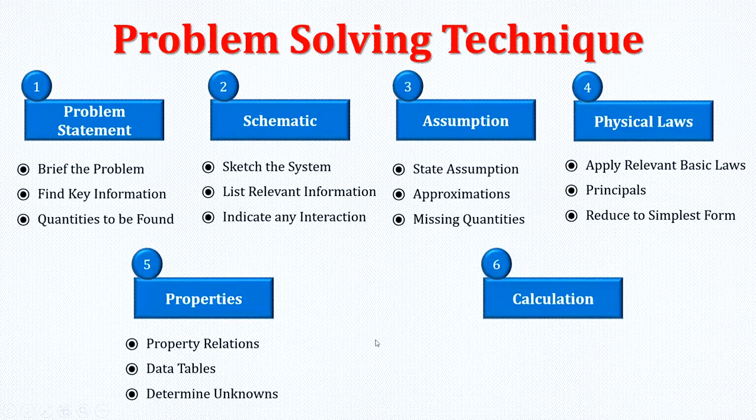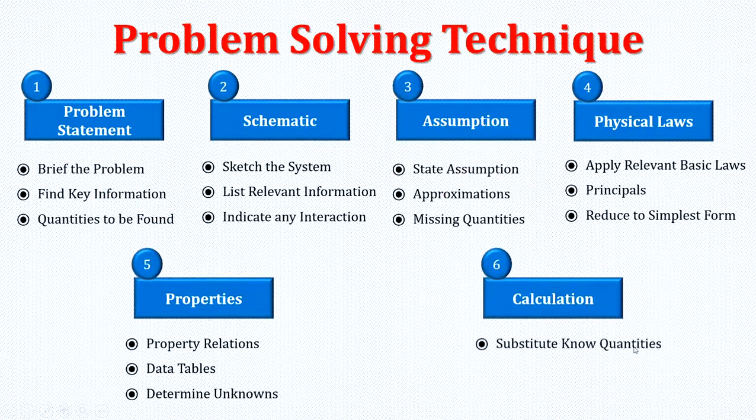Now we can go for the calculation, as we know the key information. We have taken assumptions, we have taken missing data, then we have applied basic laws and principles, and we have reduced the problem to its simplest form. Now in this simplest form we can substitute all the data from here, here and here.